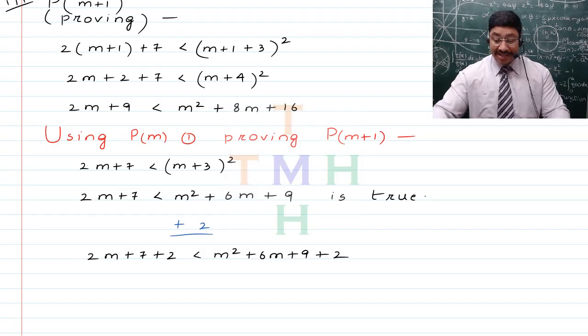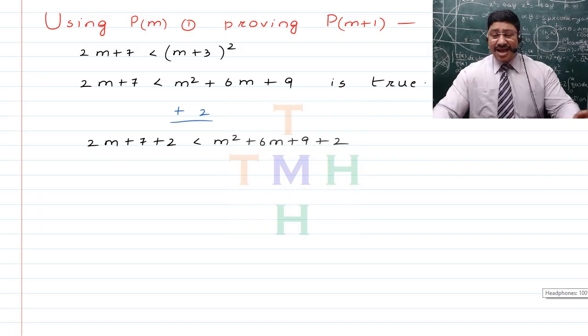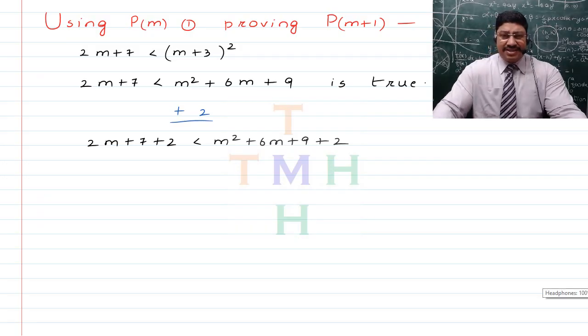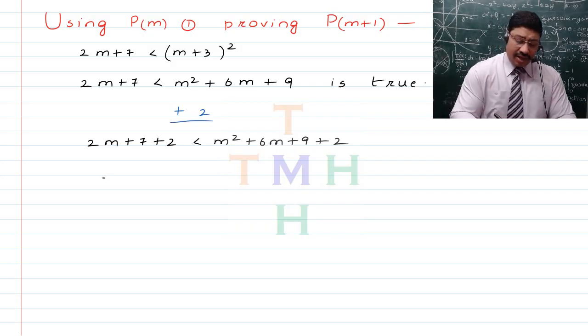We can't say that they'll be equal, right? So in an inequality, the basic premise is that the sign of the inequality should be conserved. This is the basic requirement of solving an inequality. Remember this. So anything that we do, we must remember what the sign of the inequality is, with whatever expression of a variable that we are talking about. So here children, now we further solve this out.